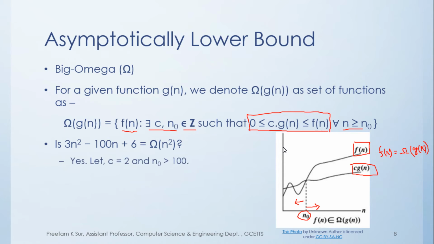You will find that this function 3n squared minus 100n plus 6 is lower bounded by the function n squared if we consider c as 2 and n0 greater than 100. So after any point of 100, if you consider the constant factor as 2, you will find that 2n squared is giving you a lower bound for 3n squared minus 100n plus 6.